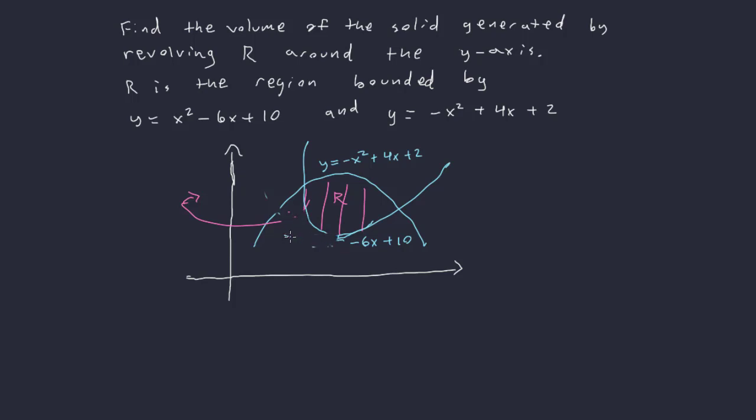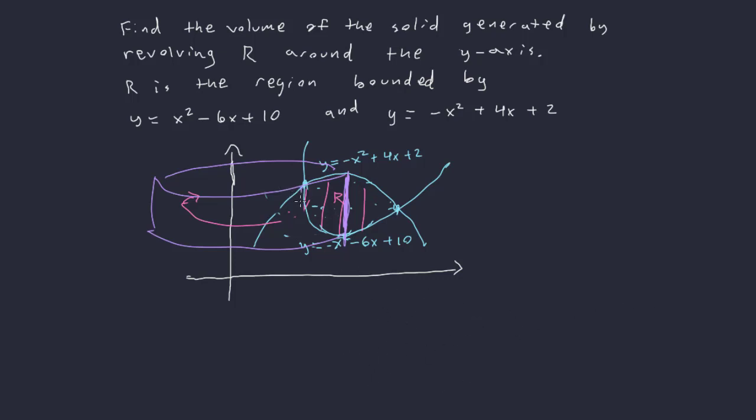So these two don't actually line up. So if we wanted to use the disk method here, it would be 3 integrals we'd have to set up, and we'd have to convert these over into x equals functions, which would be a nightmare and be no fun. So instead, we're going to use the shell method because I have this set up the way we needed already to do that.